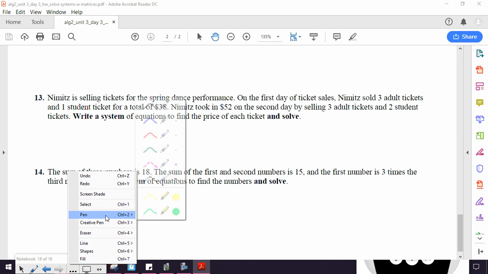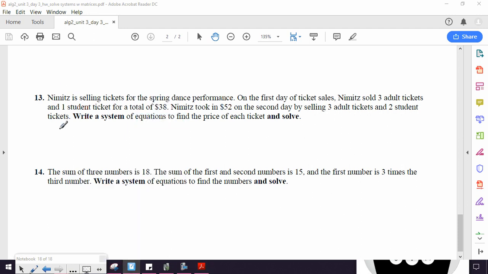So our unknowns in this scenario are adult tickets, so I'm going to use A, and student tickets, so I'm going to use S. On day 1, there was 3 adults sold, so 3A, plus 1 student for a total cost of $38.